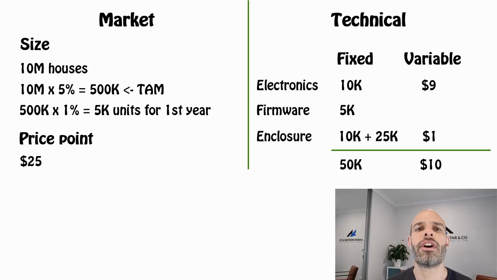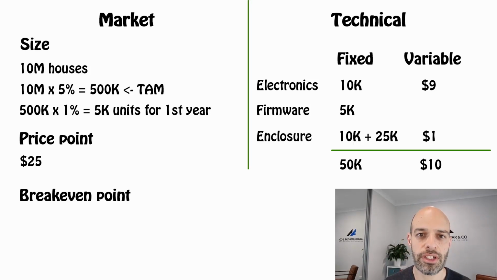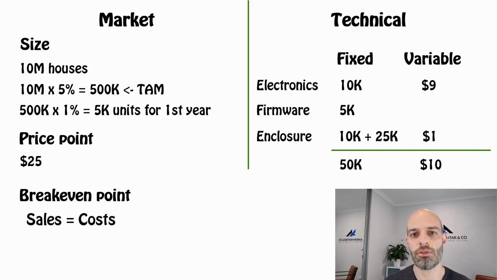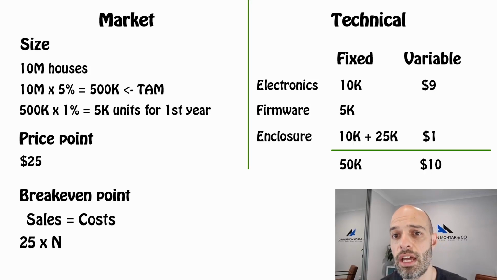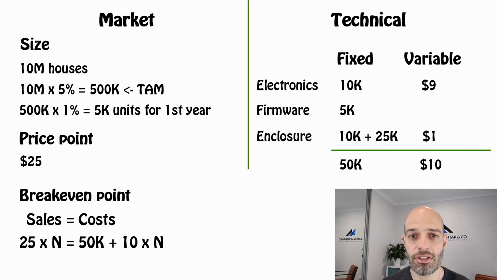The next step is to find out your break-even point. It's a calculation to find out the number of units that we need to make and sell to break even. So that's when your sales equals your costs. Sales is an easy equation: it's 25 times the number of units, while the cost is the $50,000, which is your fixed cost, plus 10 times the number of units sold.